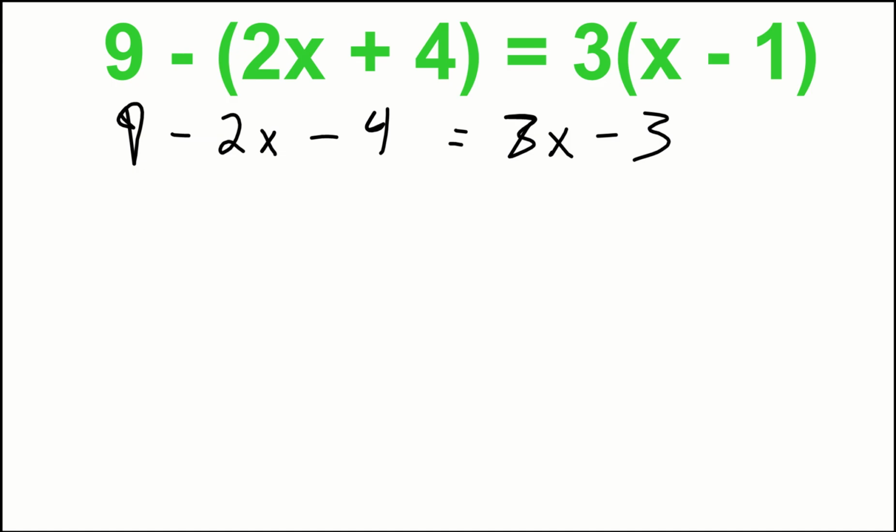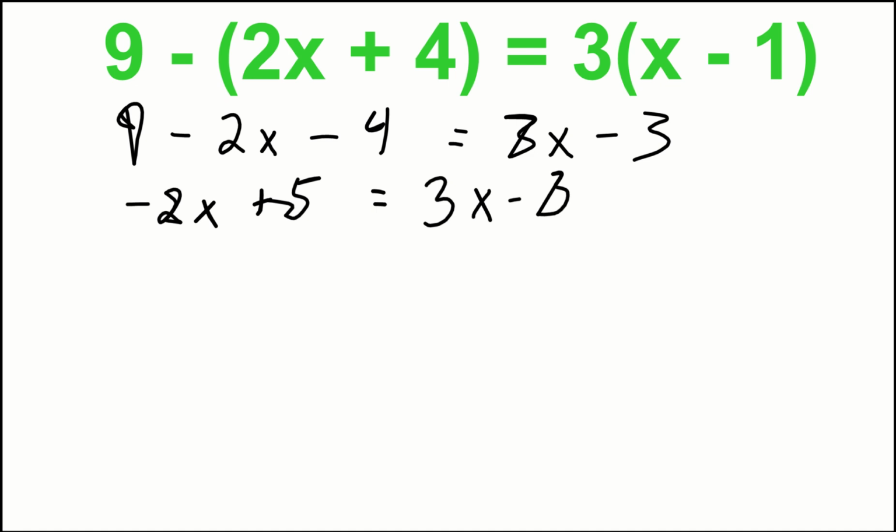That minus sign in front of the 2x plus 4 gets distributed to both parts. So you should have 9 minus 2x minus 4 on the left side. You got 3x minus 3 on the right. We combine our like terms. So I got negative 2x plus 5 equals 3x minus 3.